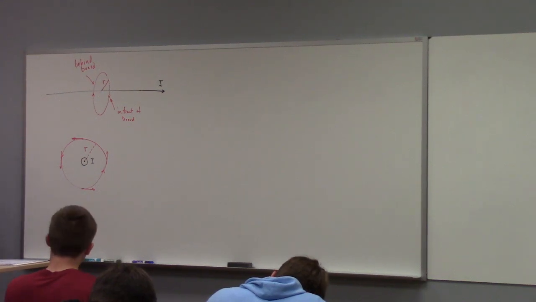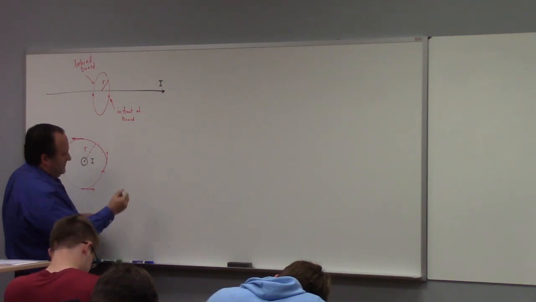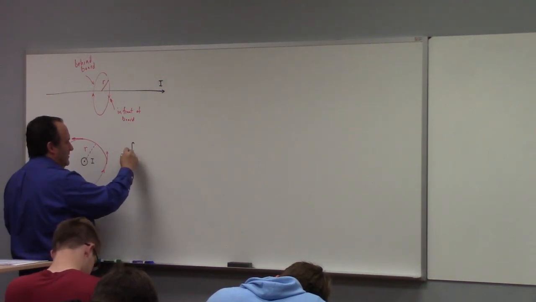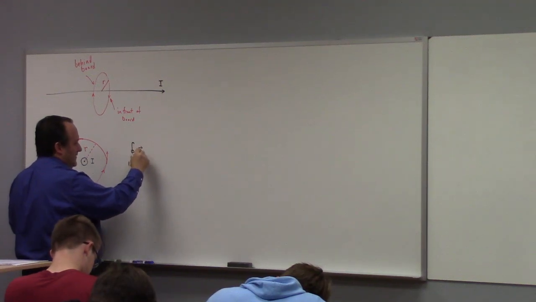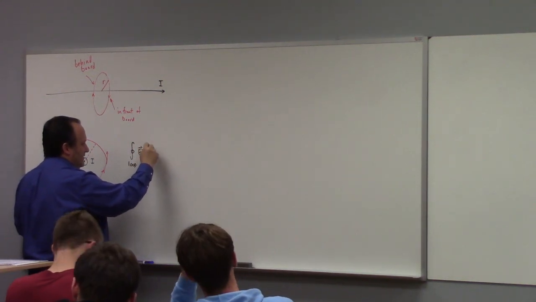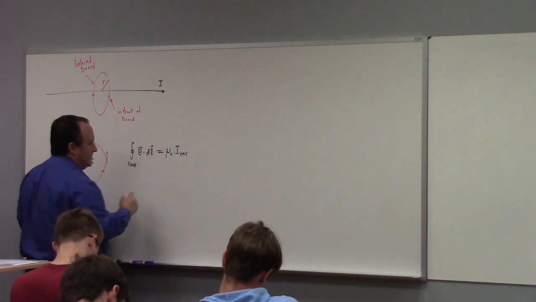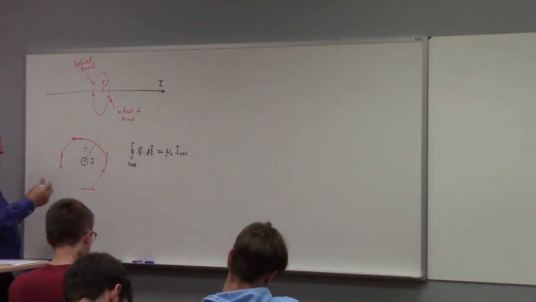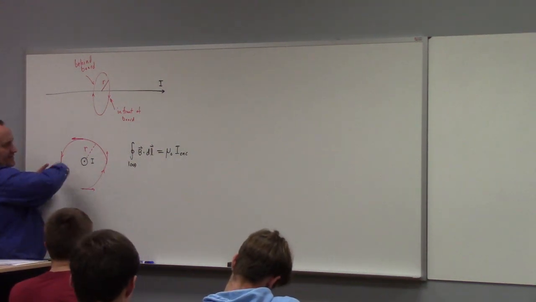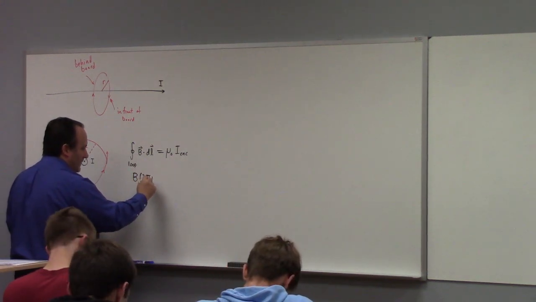In that case, Ampere's law says that the integral around the loop of the magnetic field, which is also known as the circulation, is equal to mu naught times the enclosed current. In this case the enclosed current is just I, and the line integral is just B times the length, which is 2 pi r.